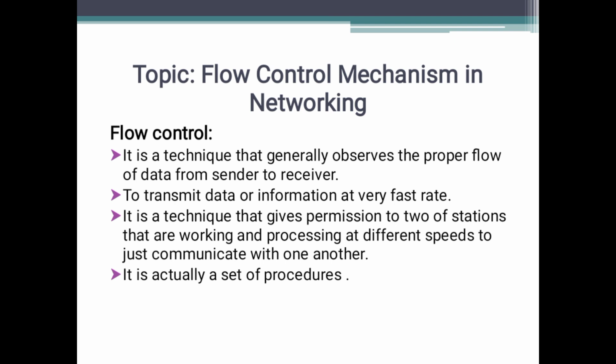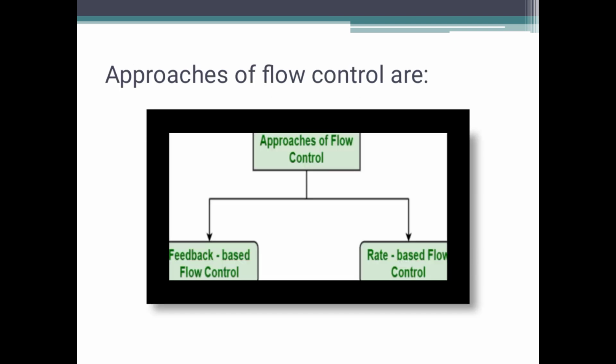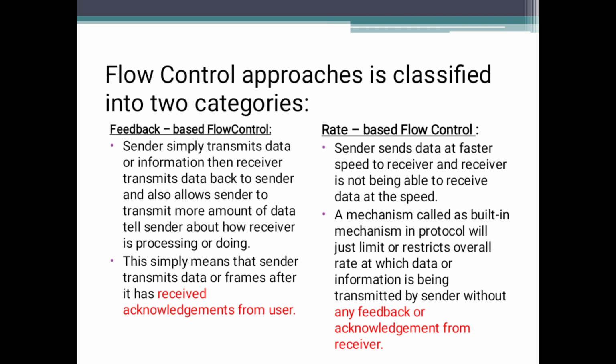So basically there are two approaches of flow control: feedback based flow control and rate based flow control. Let's see what they are. In feedback based flow control, the sender transmits data or frames to the receiver.